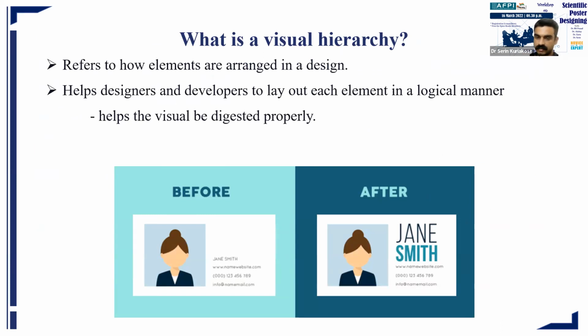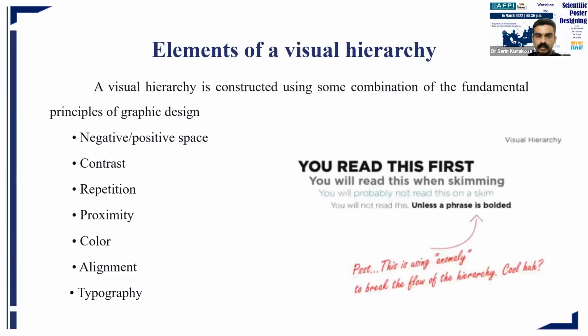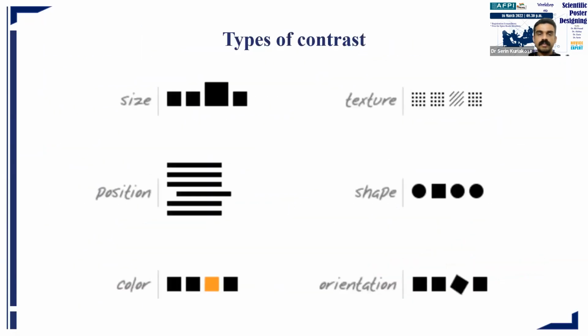That has color contrast, font contrast, and the alignment is also different. So the ways to create contrast: first, by size, that we already saw, by texture, by position, by shape, by color, and then the final one, orientation.